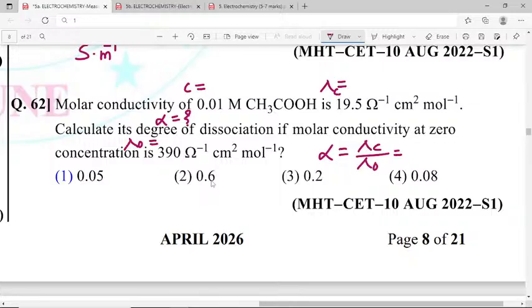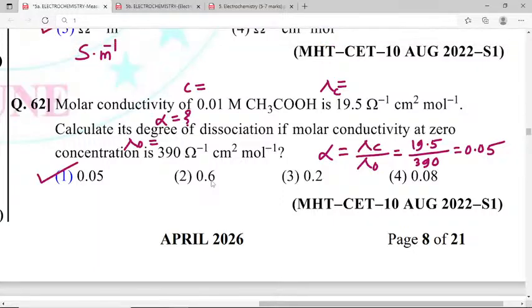So what is the lambda C value? 19.5 divided by lambda naught 390. So we'll get the answer 0.05. Okay, 0.05 is your answer. Shift the point, we'll get the answer.